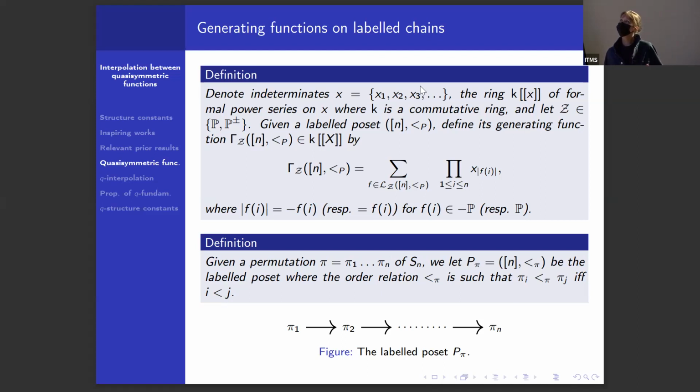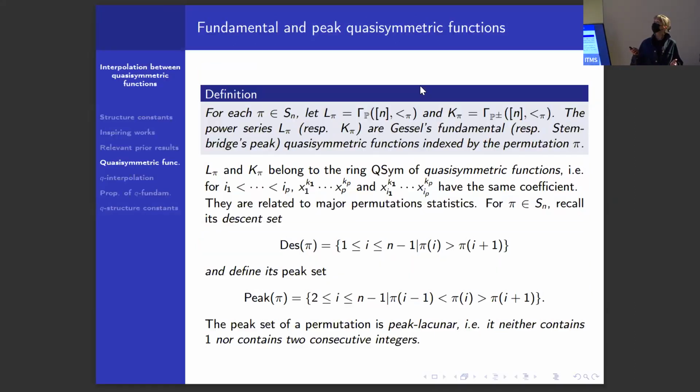So, given a permutation pi in its one-line notation, we construct a special type of labeled poset on n vertices labeled by pi i, such that the covering relations respect pi i less than pi j if and only if i is less than j. So we get such chains as we have in the picture. As I said, they seem to be very important.